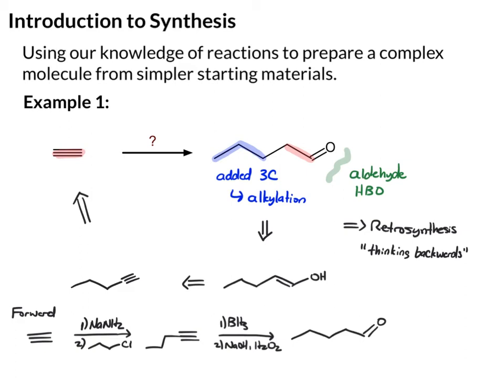Again, if you want to keep your atoms highlighted where they're coming from, those 2 come from the triple bond, which come from acetylene. These 3 come from the organohalide through the alkylation reaction.